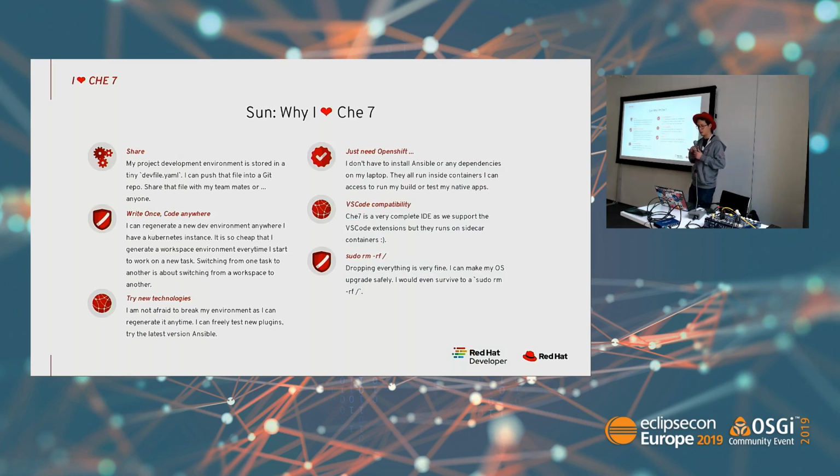So this is a slide that's just for me. The few things that I love in Che. The first thing is what you can do with Che is that you can share your development environment, because it is finally just a file. I can just give the dev file to you, and if you have Che installed somewhere, you will be able to start exactly the same developer environment.